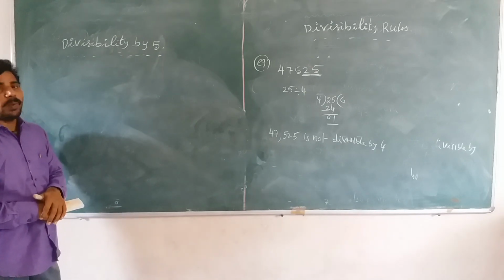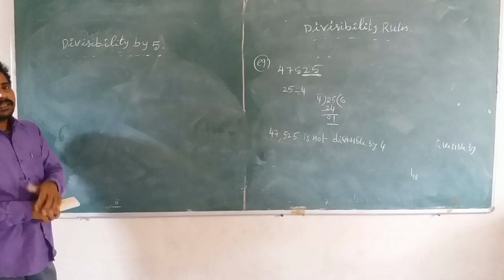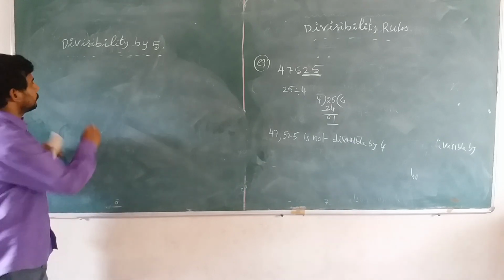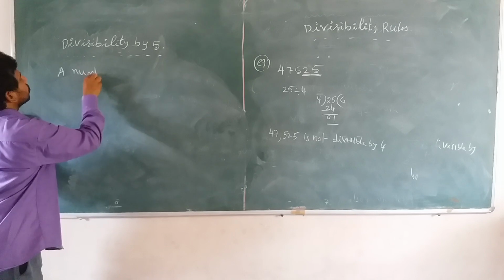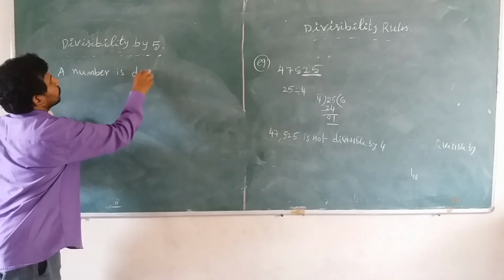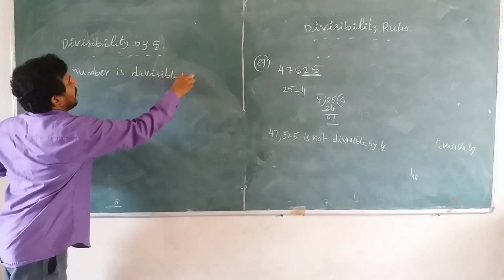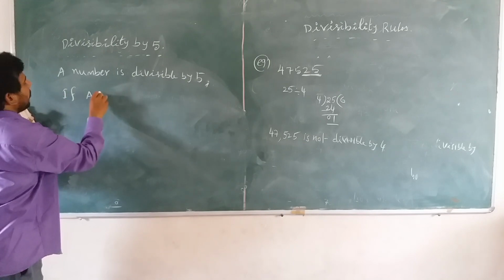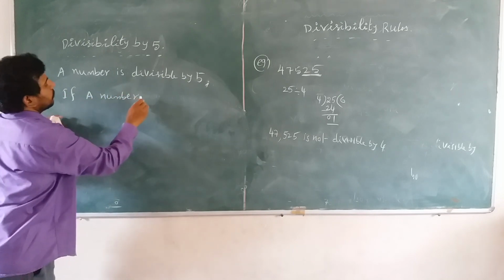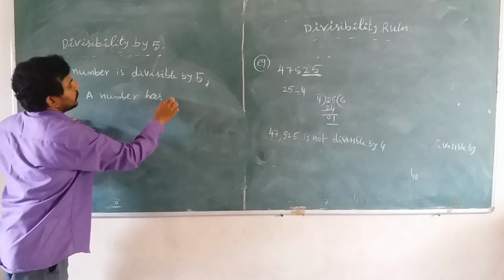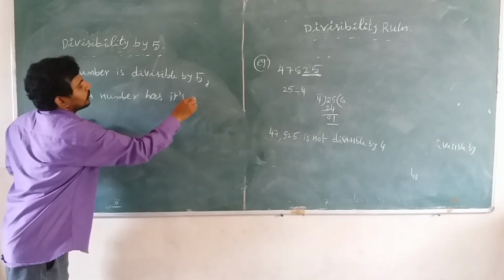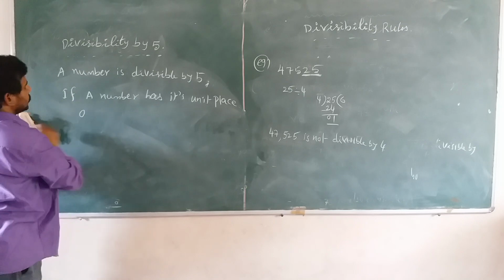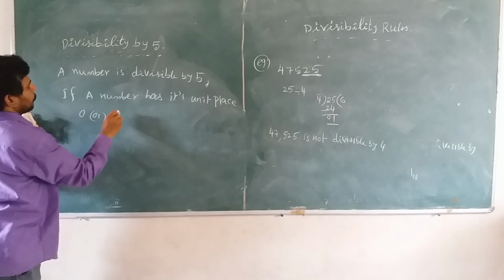A number is divisible by 5 if its last place, meaning unit place, is 0 or 5.